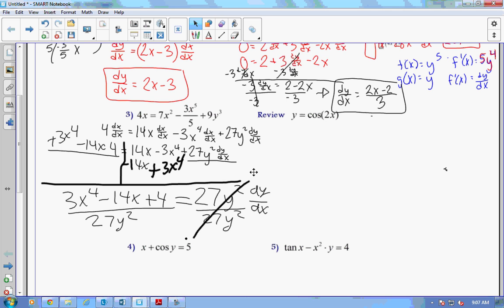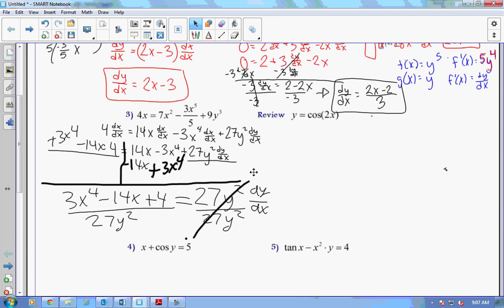It's either secant, cosecant, or cotangent. Okay, a number, well, it just doesn't have a number.